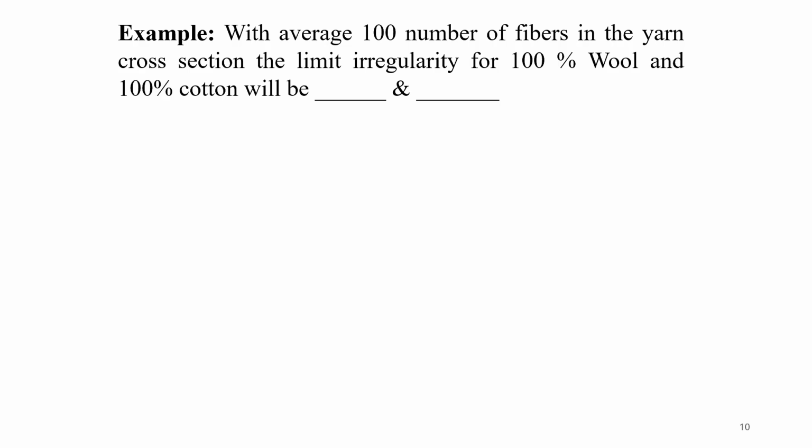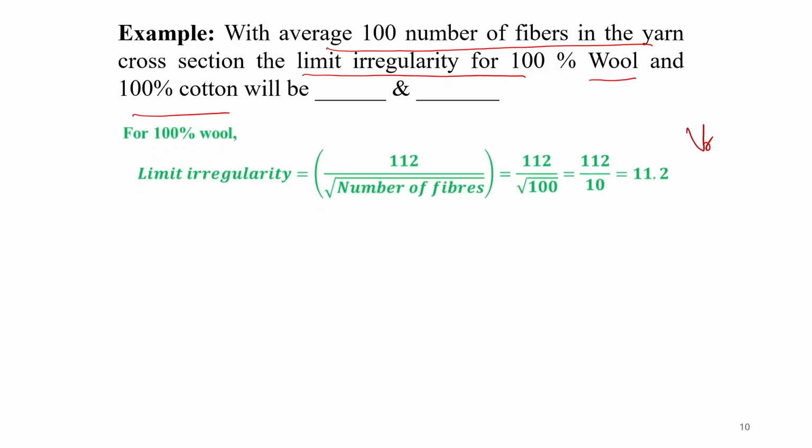Before that, let us calculate the limit irregularity. With an average of 100 fibers in the yarn cross section, the limit irregularity V_r for 100% wool and 100% cotton will be as follows.